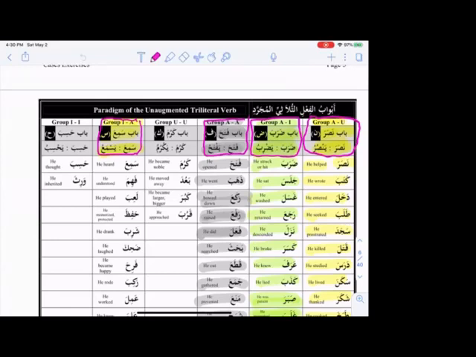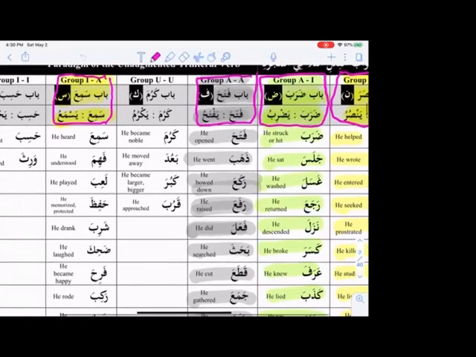I have a wish, but not all my wishes can come true. I have a wish, you should do 1 conjugation per day, if it is possible. 1 conjugation per day, okay? Because we have time now.